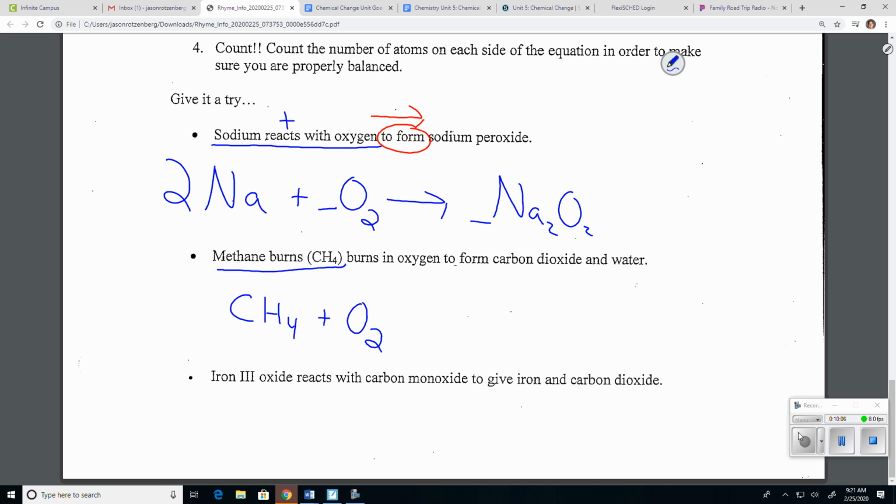And reading this sentence, look for key words to describe what is where. The words to form are telling me, here's my arrow. Emma, what's the formula for carbon dioxide? CO2. Haley, what's the formula for water?